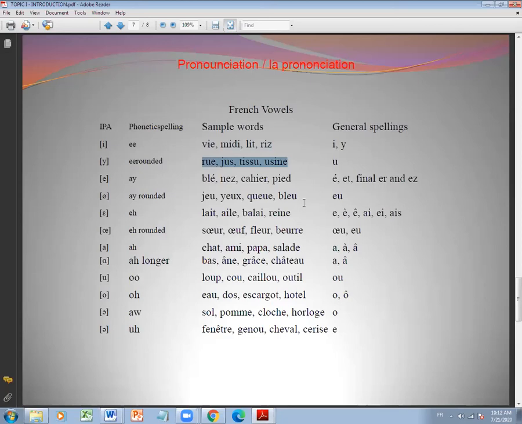Jus is juice. Tissu. Not "tissue." Remember, the tissue in French we say tissu. Then the last one. Usine. Usine is a factory. Usine is a factory.